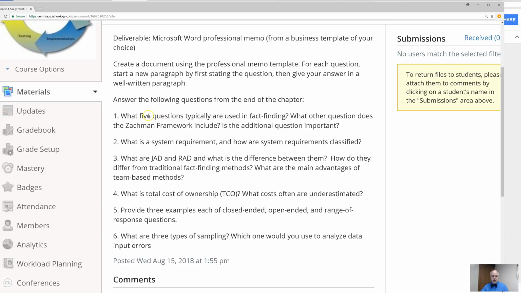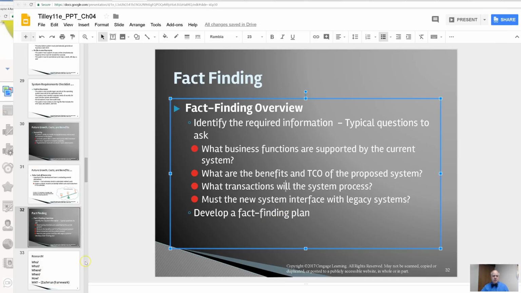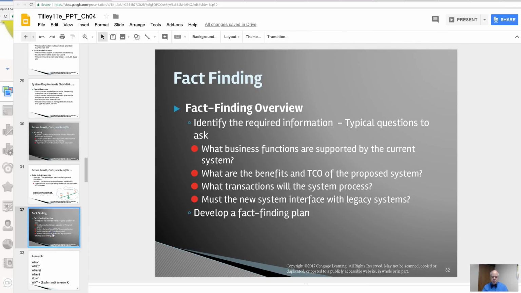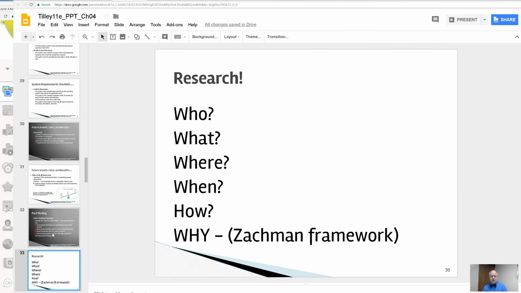So those 2 are related, question 1 and 5 in the homework. Let's first look at the 5 questions asked and then come to some examples of closed-ended, open-ended, and range of response.